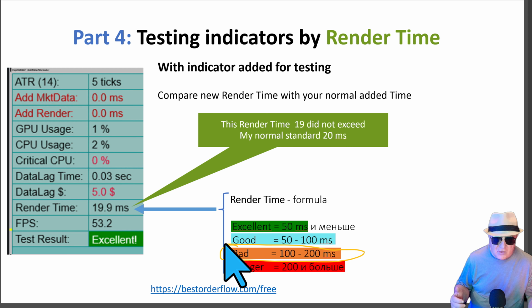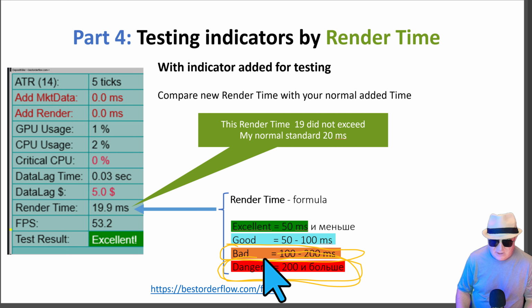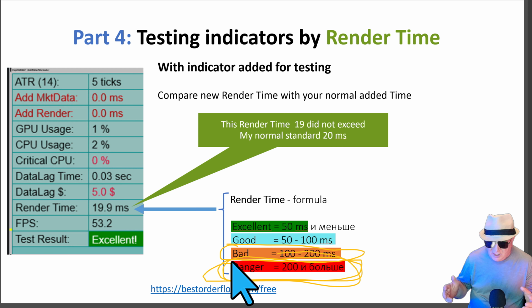So when it shows 200 or more, we're in a panic situation, we're in panic mode, and whatever bunch of indicators you're running on your chart, you need to seriously consider taking your computer and putting it in a trash can if it's not performing well, or you need to go and remove one by one those indicators that produce that lag. This is absolutely critical. Don't ever operate when the render time exceeds 200 milliseconds.